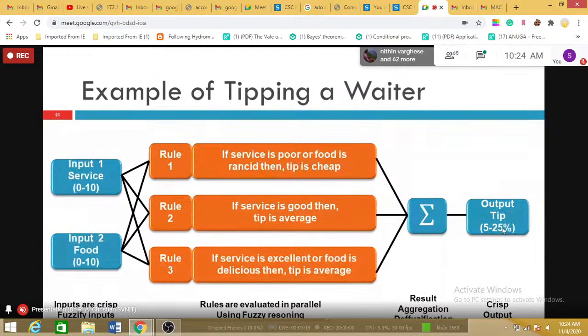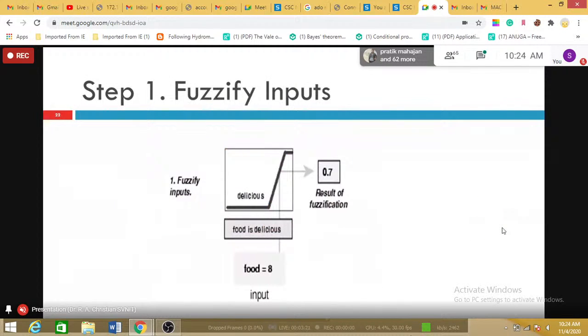Now let's see how the rule base is going to work. The first input was the food quality. Okay, if the food quality is good, we will give a good tip. So what you decide is this is the fuzzy set. I have decided based on 0 to 10, if I say this is the set, 6 onward, if I give a rating of 6 to 10, then the food is good.